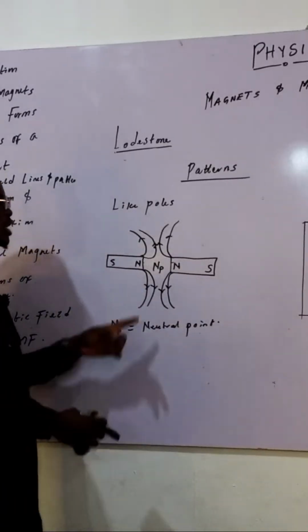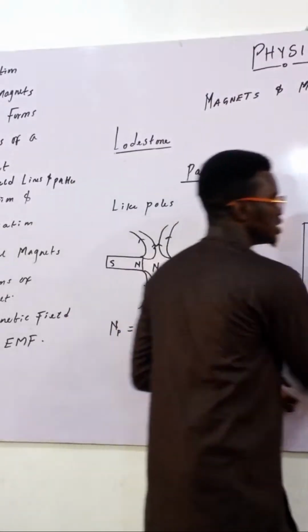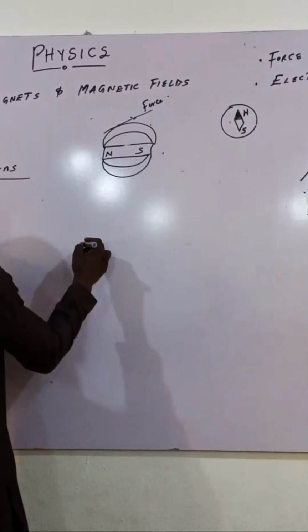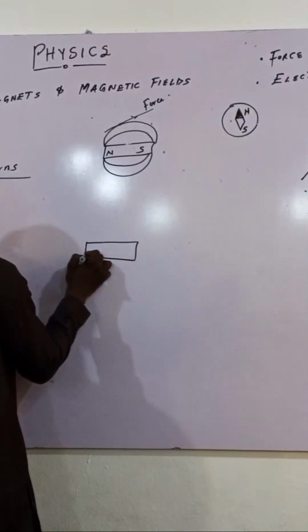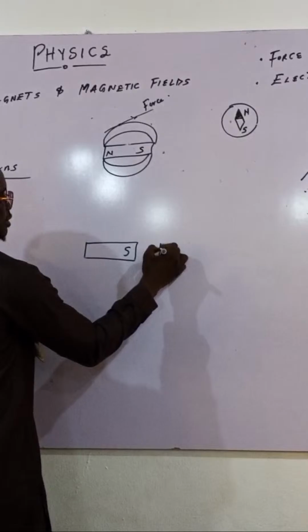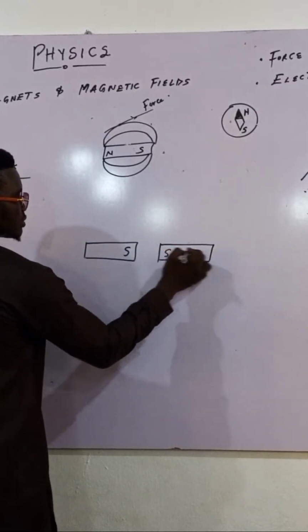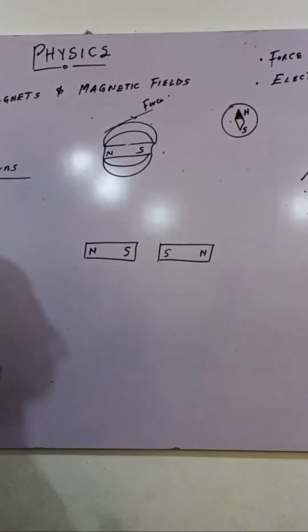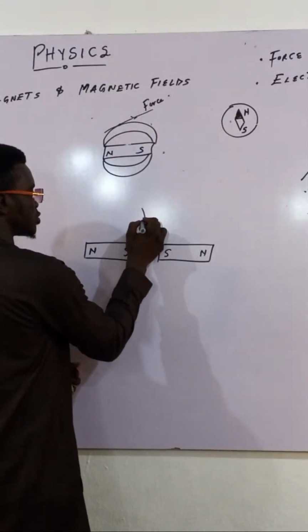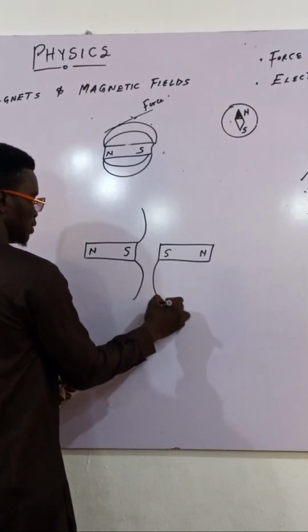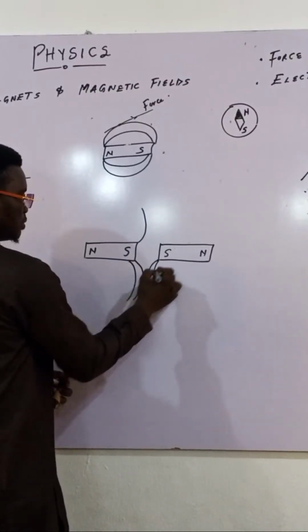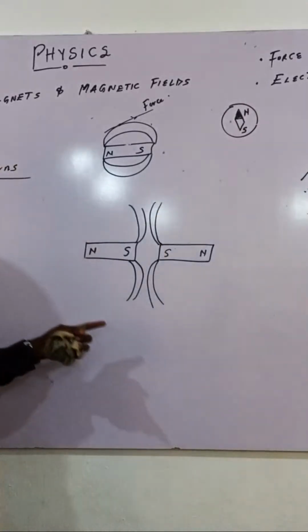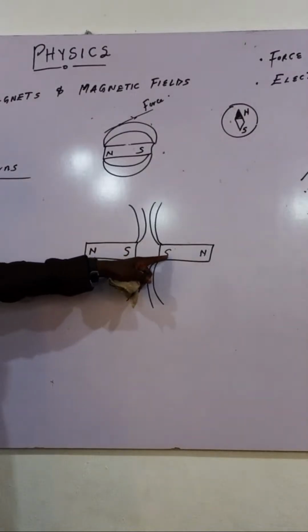If you have south, look at the way my arrows are. Let's say this is what I have now. South, south. What will happen? They will also repel, Abi. So the field will look like this too. But how will I know this place is south and this place is south?